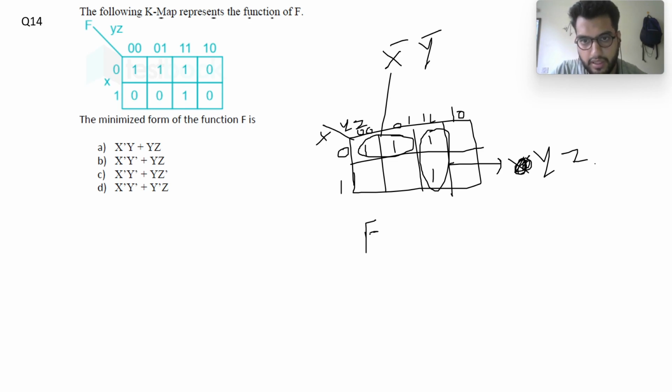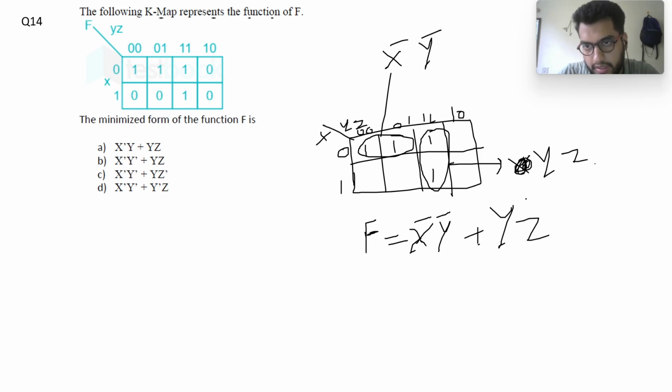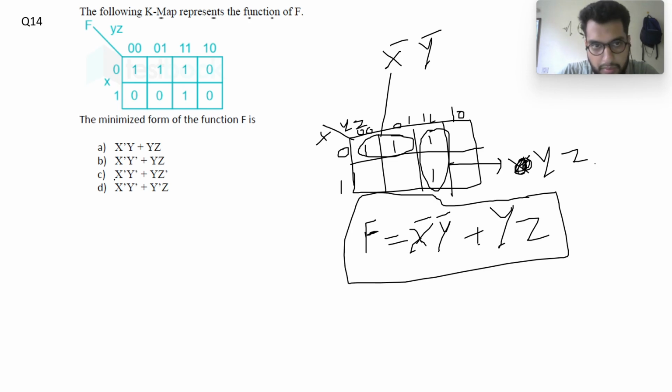So my final simplified expression is x bar y bar plus yz. That is x bar y bar plus yz. Option B.